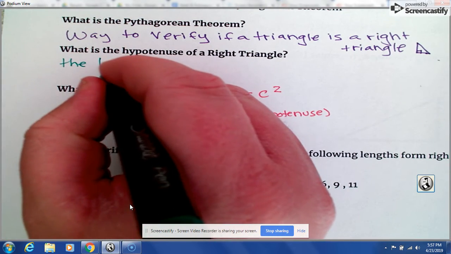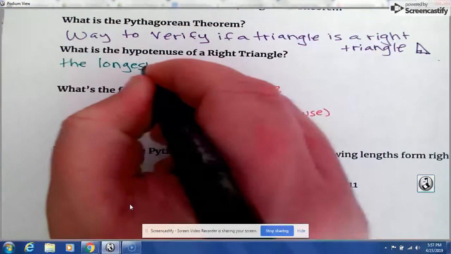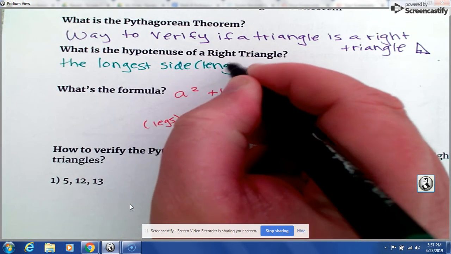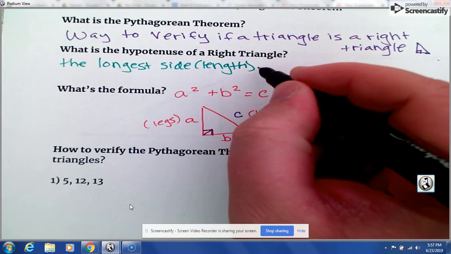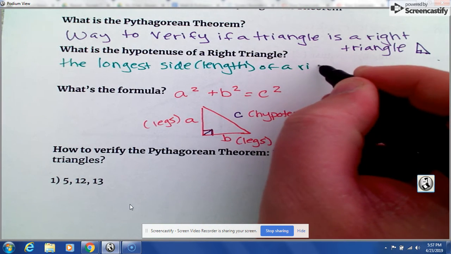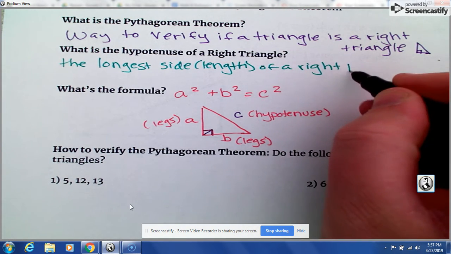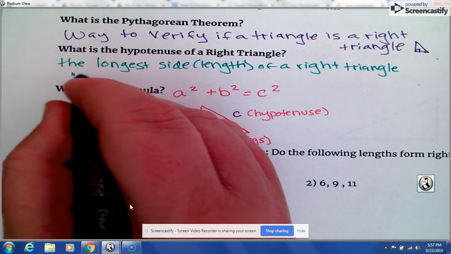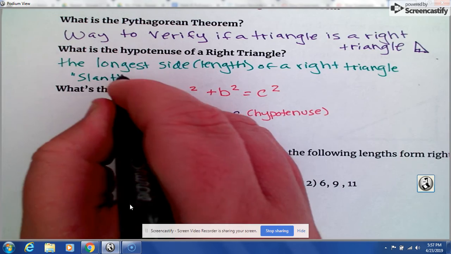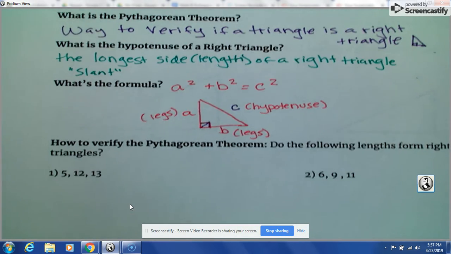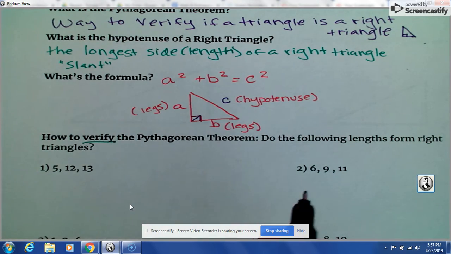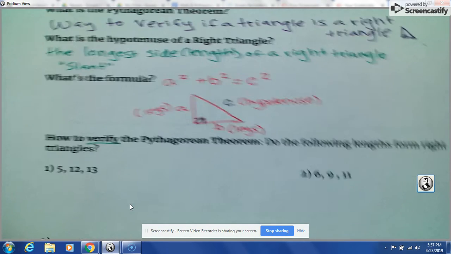It's the longest side, or length, you could say, in a right triangle. Okay, it's a slant. So let's go ahead and verify. The word verify means you're trying to confirm, you're trying to make sure that something is forming a right triangle.